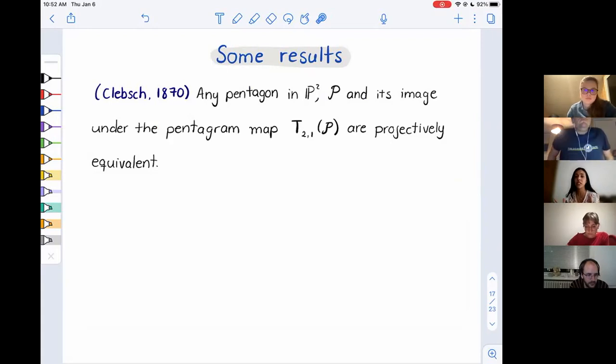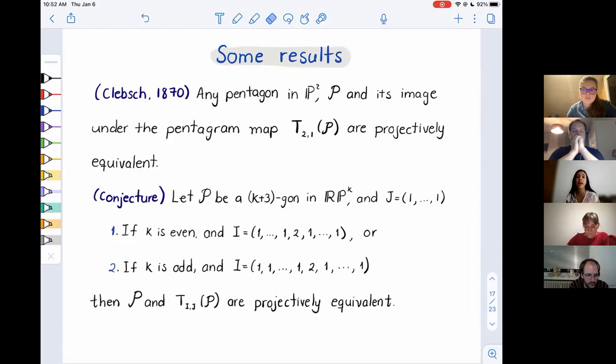That's something that is known in 2 dimensions. Now, in higher dimensions, the equivalent of pentagons are k plus 3 gons in projective k-dimensional space.